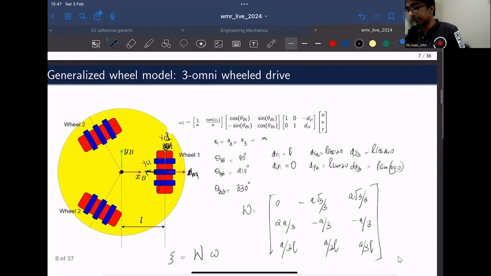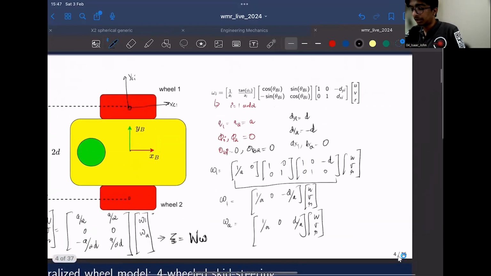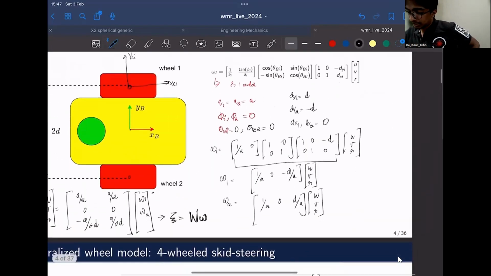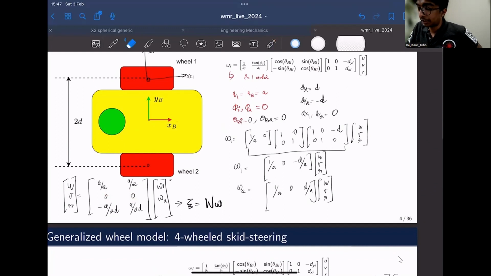So like we have seen different cases of mobile robots here. If you can see, the wheel configuration matrix has one entire row 0 because the total degree of freedom is 3. But if you multiply this out, what will be the component V? What will be this component over here? V would be 0 times omega 1 plus 0 times omega 2, right?